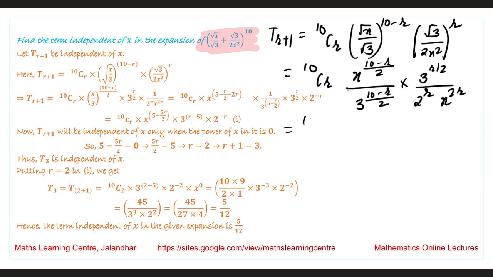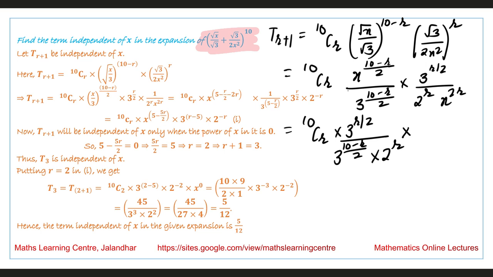We are getting 10Cr, then 3 raised to the power r by 2 by 3 raised to the power 10 minus r by 2 into 2 raised to the power r.